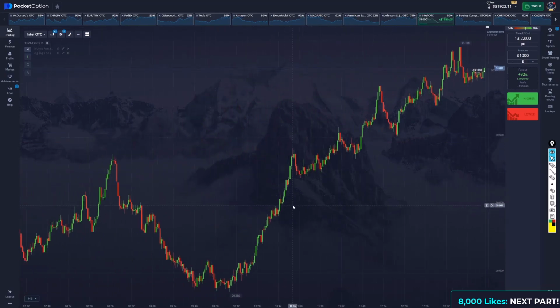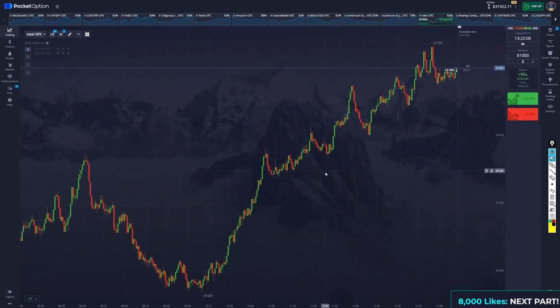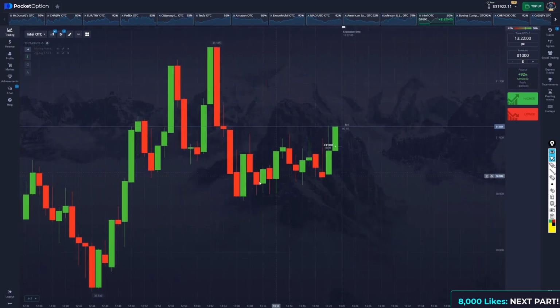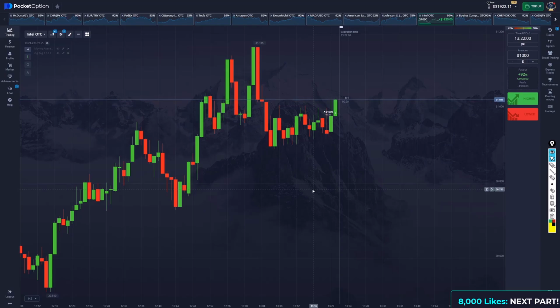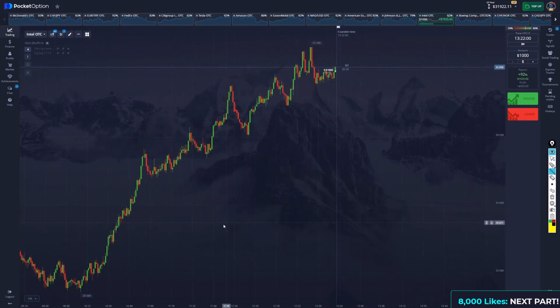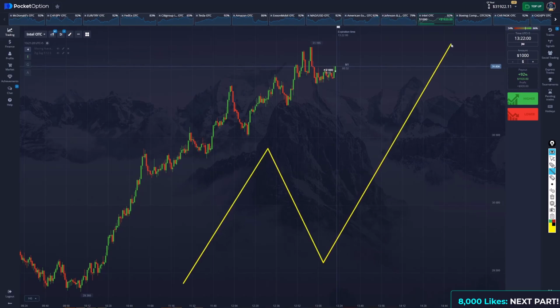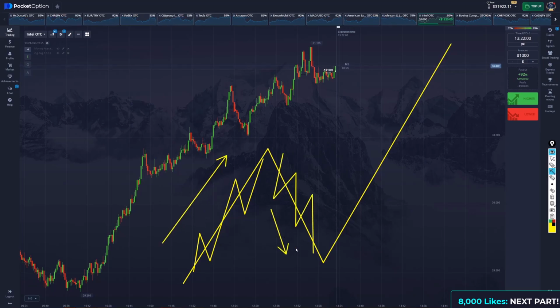Okay, so we're going to look for major uptrend, minor uptrend, and then we will go in the direction of major and minor downtrend. Okay, so if this is our major trend, this is going to be our minor trend. Okay, minor trend uptrend, minor trend downtrend, again minor trend uptrend.